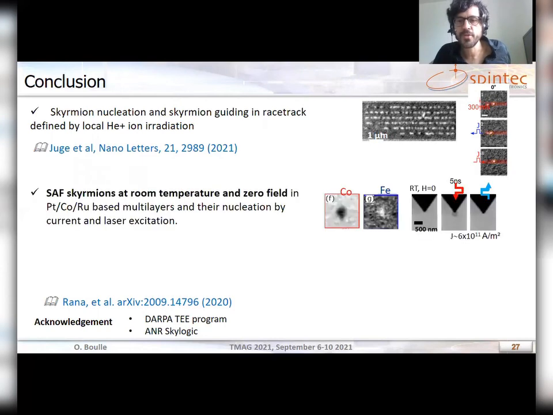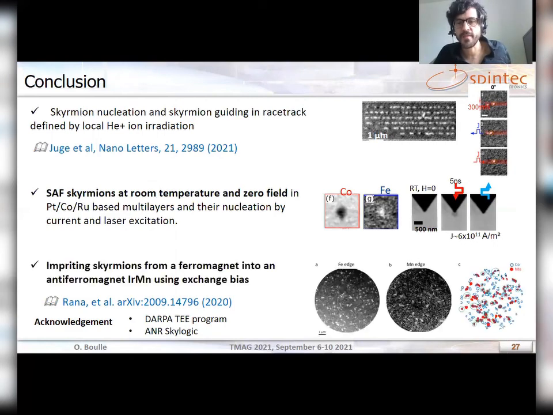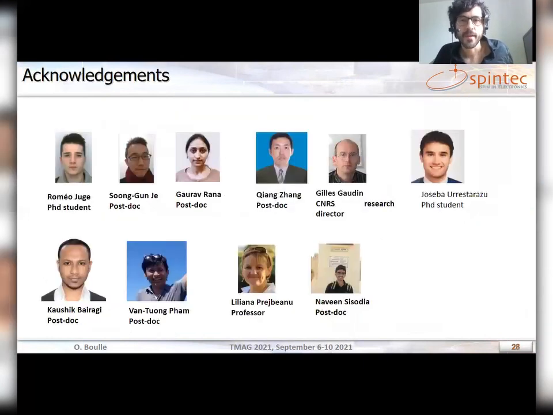Another promising approach lies in antiferromagnetic skyrmions in synthetic antiferromagnets with vanishing net moment, and I have shown that SAF skyrmions can be stabilized at room temperature and zero field in this material and can be nucleated locally using current injection or ultrafast laser excitation. And finally, I have shown that magnetic skyrmions can be imprinted directly within an antiferromagnet using exchange bias, which opens a new way to manipulate skyrmions in antiferromagnets.